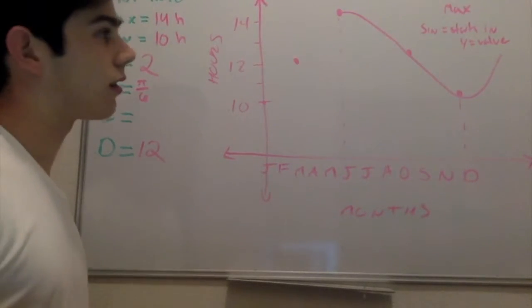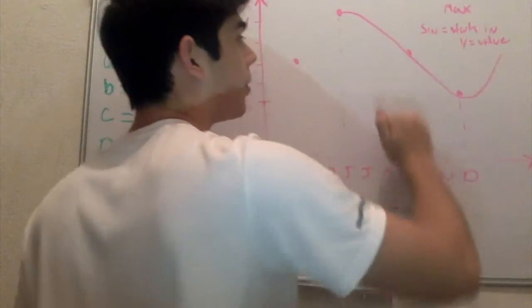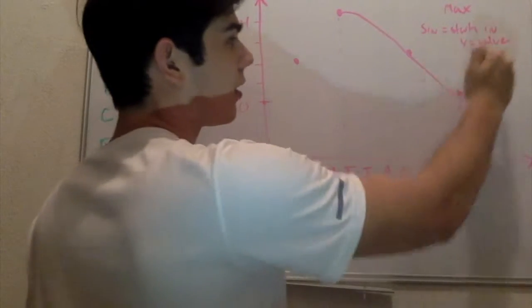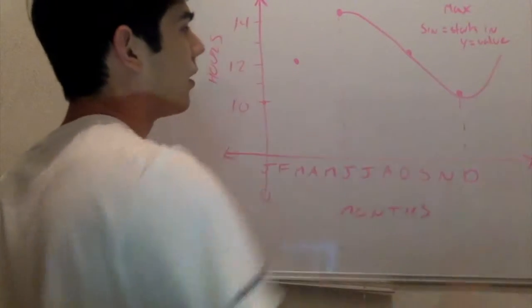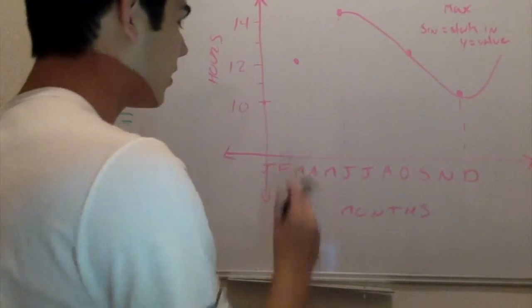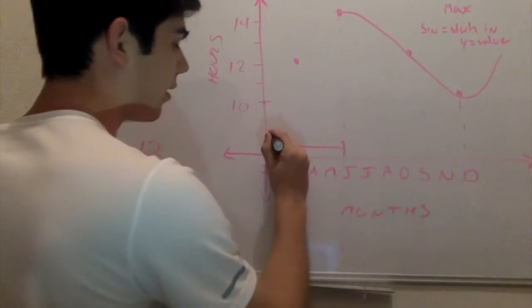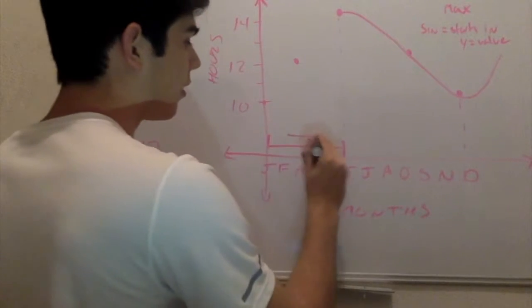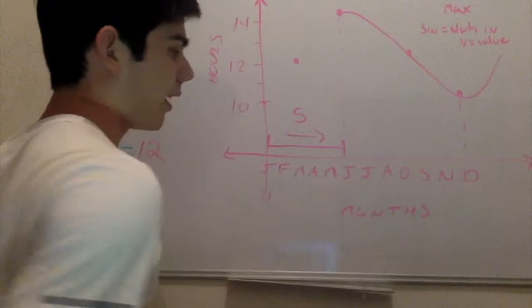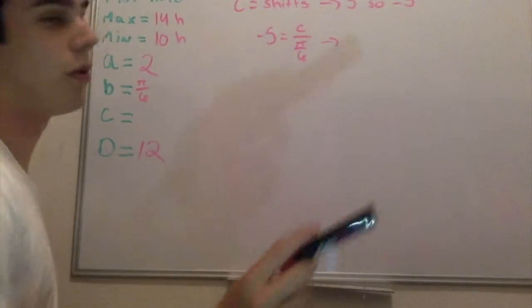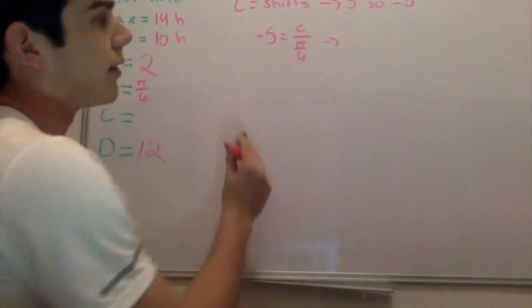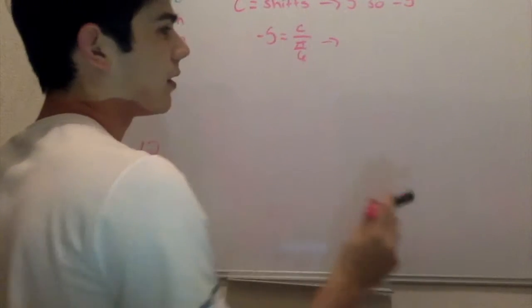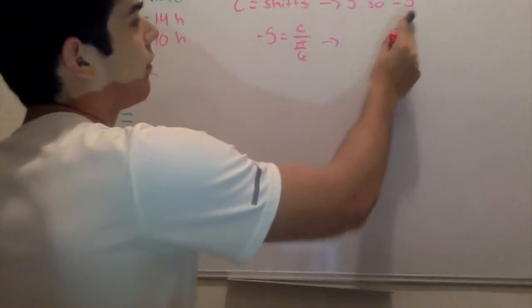Since it's a cosine graph, it starts at the maximum point, and a sine graph starts at the y value, this being the y value. So this gap indicates that it shifts 5 units to the right. So we know letter C shifts 5 spaces to the right, so it's negative 5.